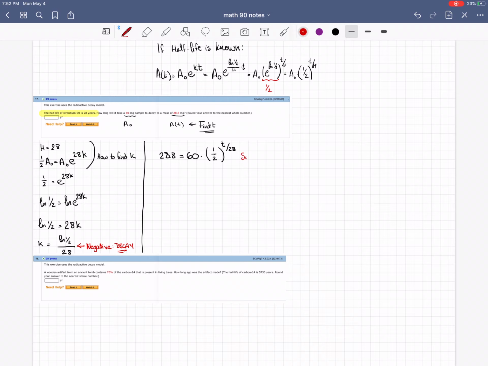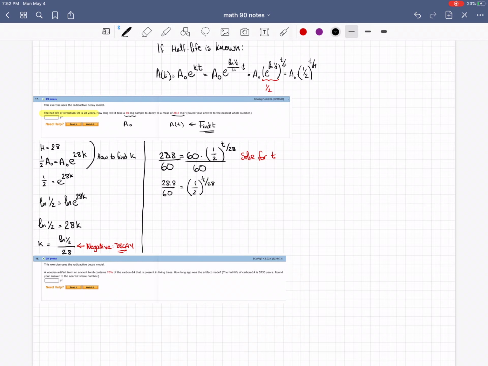This is an exponential equation, so we're going to solve for t. And we do this the way that we do with every exponential equation. We start by dividing both sides by 60. I'm actually not going to do any punching into my calculator yet. We will later, because the sooner I start rounding, the more rounding error I admit.